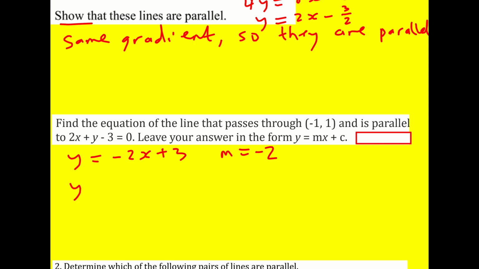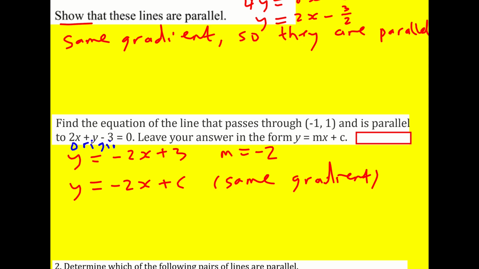So I'll quickly talk about this one. It's going to be y is equal to, this is the parallel line now, y is equal to minus 2x plus c, same gradient. I should have probably said that this is the original line and this is the parallel line.